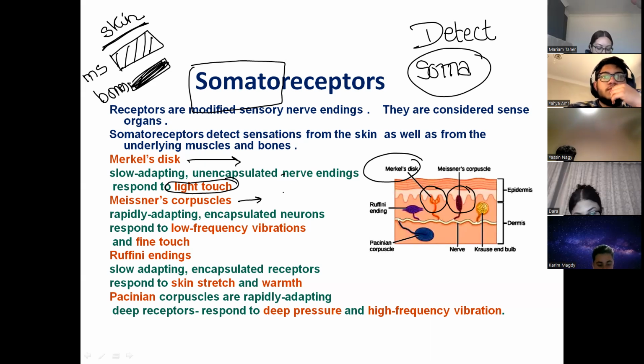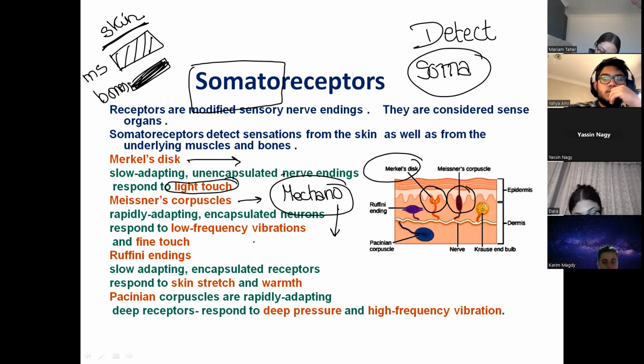If I ask you whether they are mechanoreceptors or thermoreceptors, you will tell me mechanoreceptors. Of course there is another difference, which is slow adaptation and rapid adaptation, and we learned the importance of rapid adaptation. Are they mechanoreceptors? Yes. Justify why they are mechanoreceptors. They are mechanoreceptors because what stimulates them is deformity of their cell membrane.